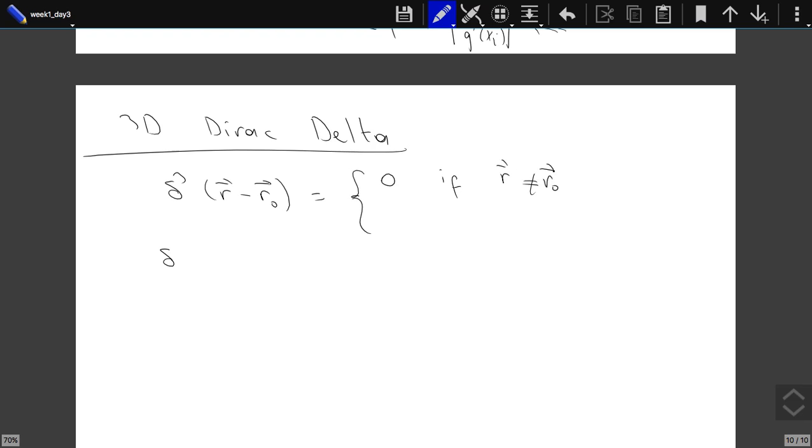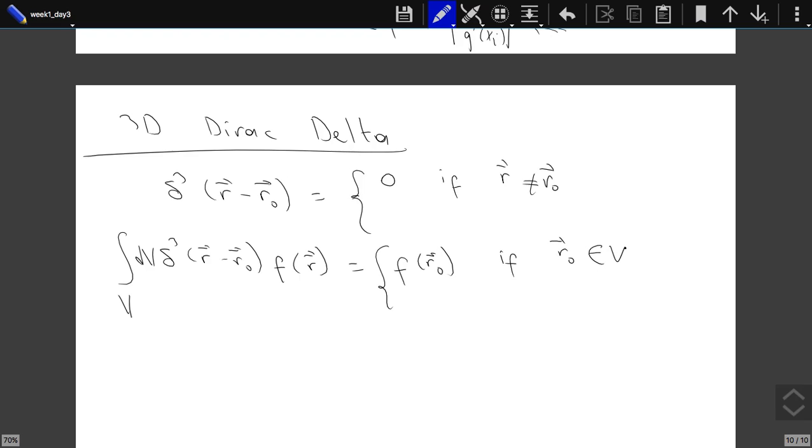So it is 0 almost everywhere except on a single point. And if you integrate this three-dimensional Dirac delta over a volume, let's also put some function f multiplying it, this is equal to f of R0 if R0 is in your volume, and this is 0 if R0 is not in your volume.